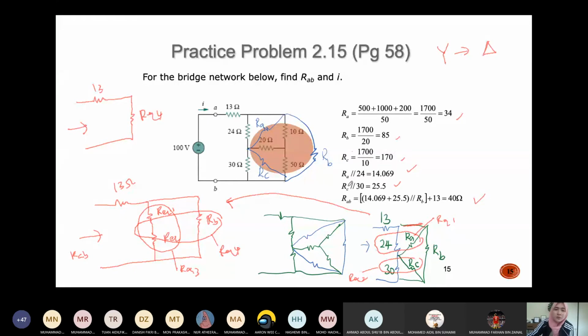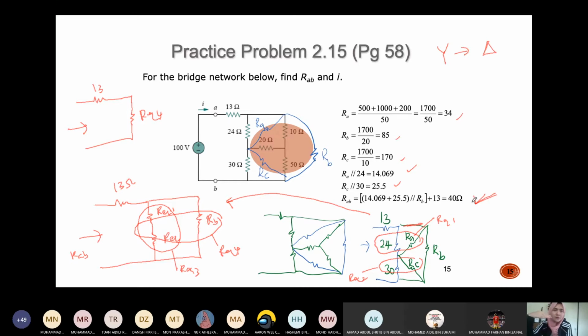So if you get confused, okay, how to actually simplify the circuit, then you need to do it step by step. Okay, but if you're already expert in simplifying the circuit, then you can just calculate like this. Okay, you don't need to do it step by step. But my advice, please do it step by step.